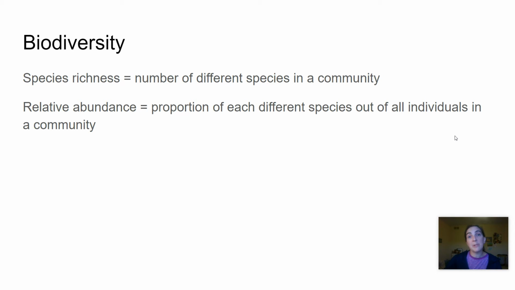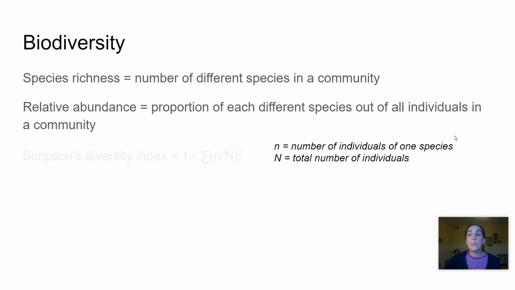So a truly biodiverse ecosystem has a lot of different species in decent proportions of each. It's not dominated by any one single species. And we can use an equation to calculate the biodiversity that incorporates both of these aspects, the species richness and the relative abundance. This is another equation off of your equation and formula sheet.